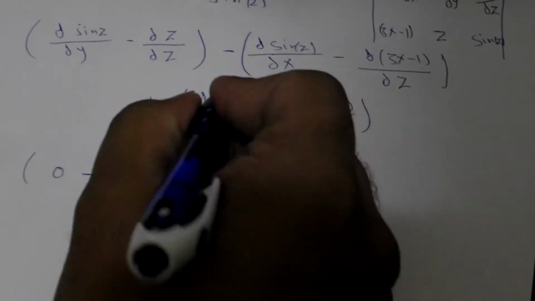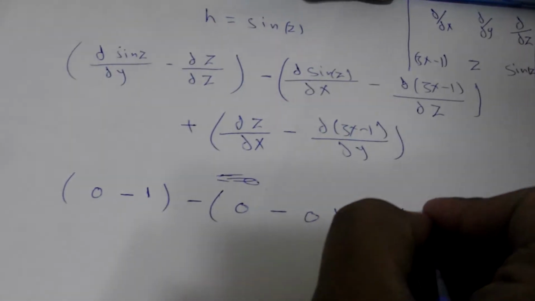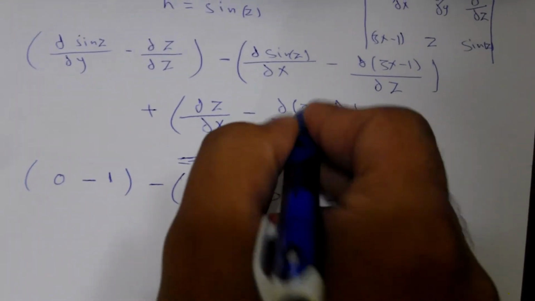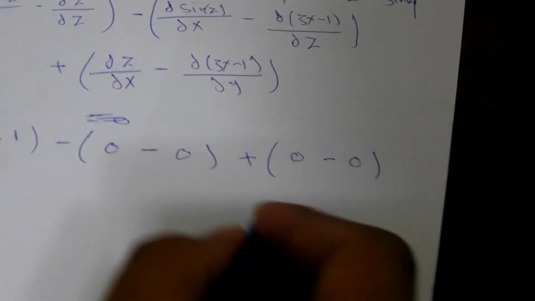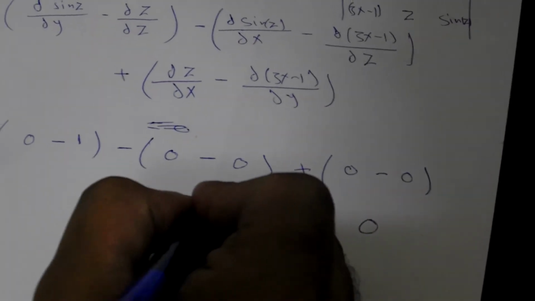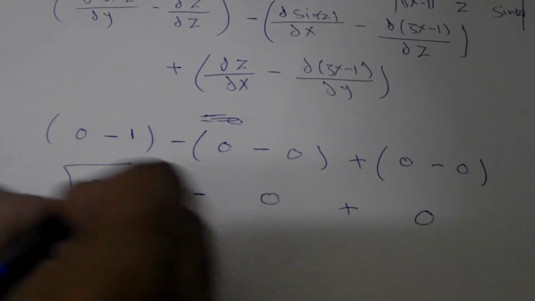Plus d(z) with respect to x is equal to 0 because there is no x inside, minus d(3x minus 1) with respect to y, because there is no y there, also equal to 0. These all become 0, but here you can find minus 1.